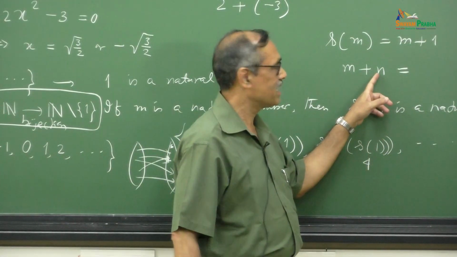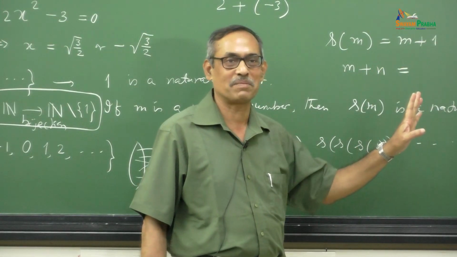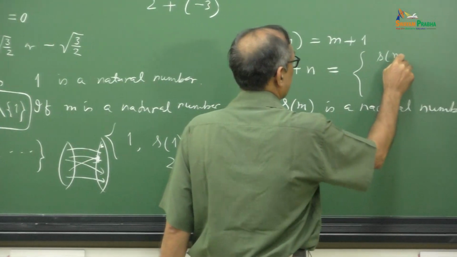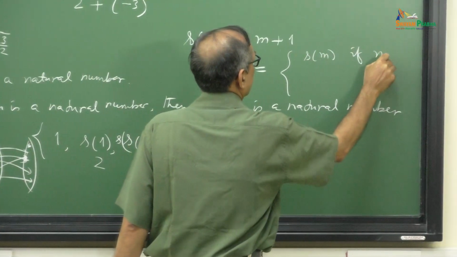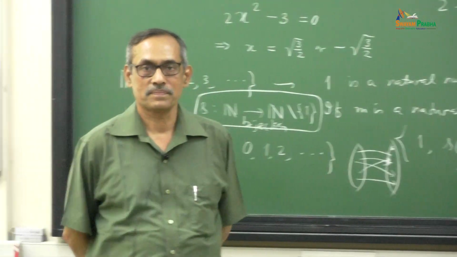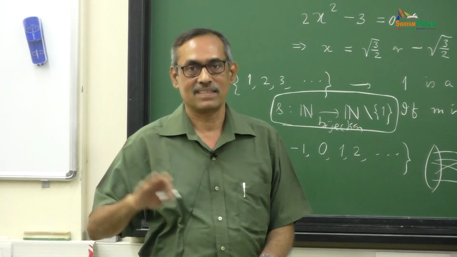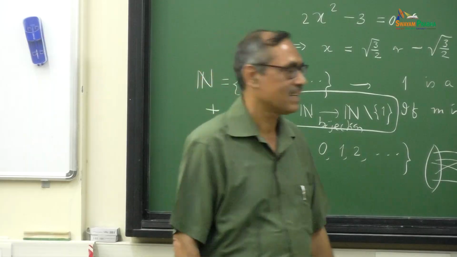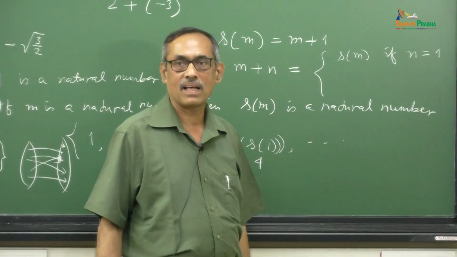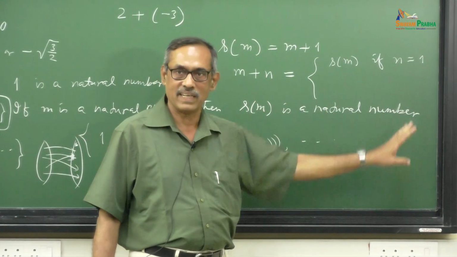If n equals 1, then you have defined it. That is the first step. So m plus n equals s of m if n equals 1. We have just defined m plus 1, so we will write it here.